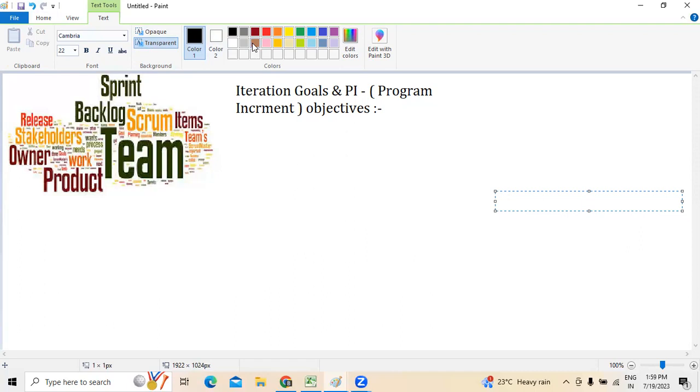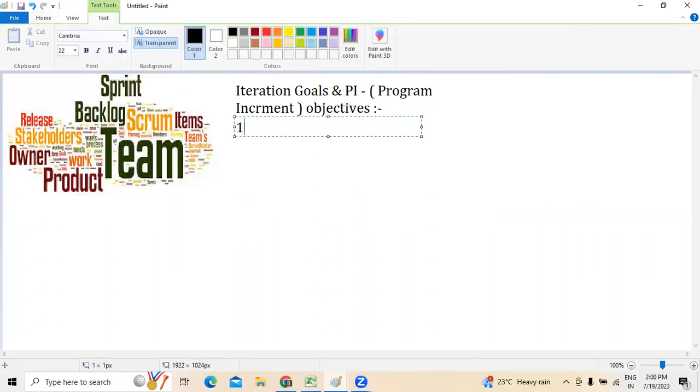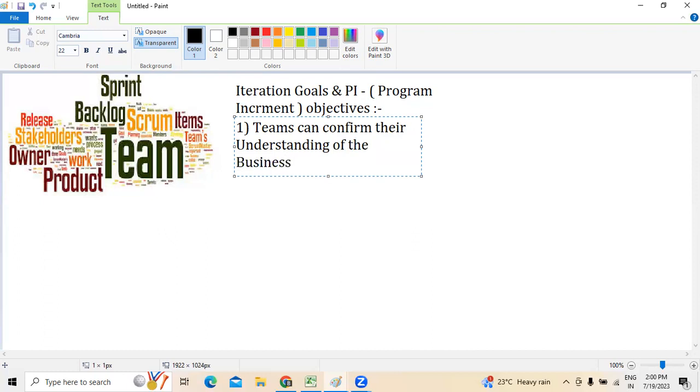The first point is that the teams can confirm their understanding of the business's desired outcomes.